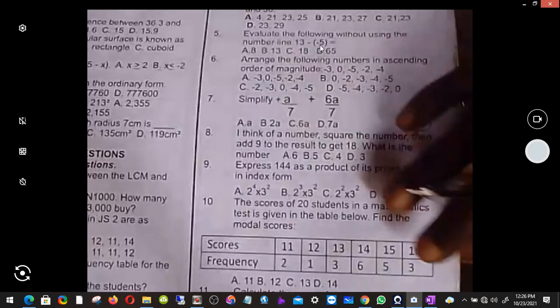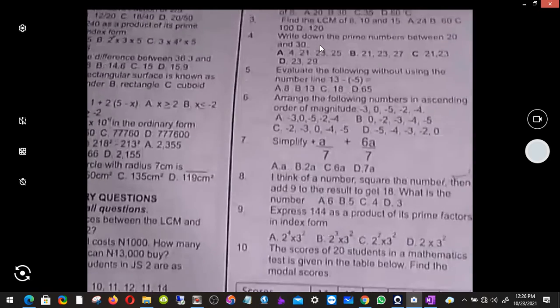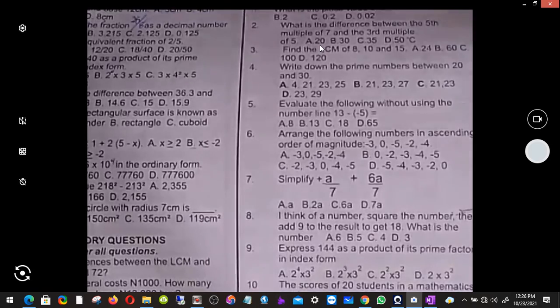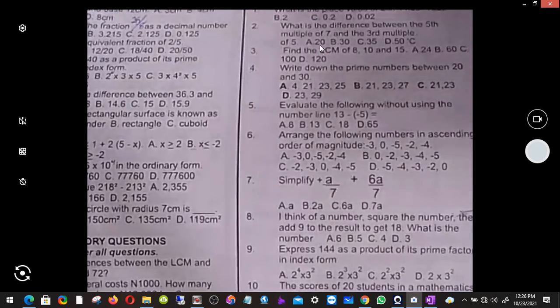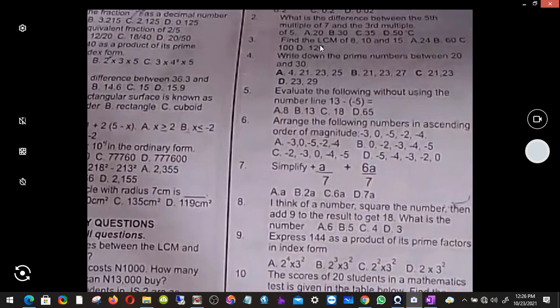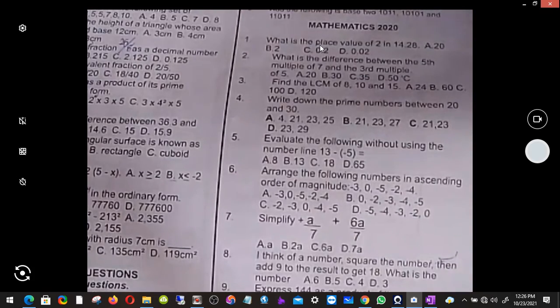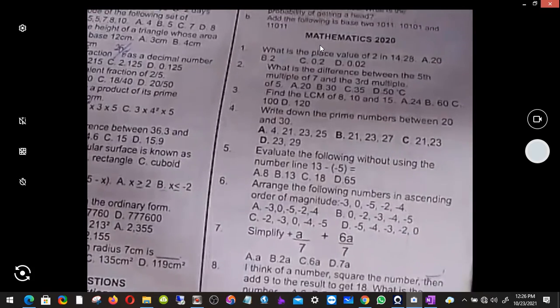Number 2. What is the difference between the 5th multiple of 7 and the 3rd multiple of 5?